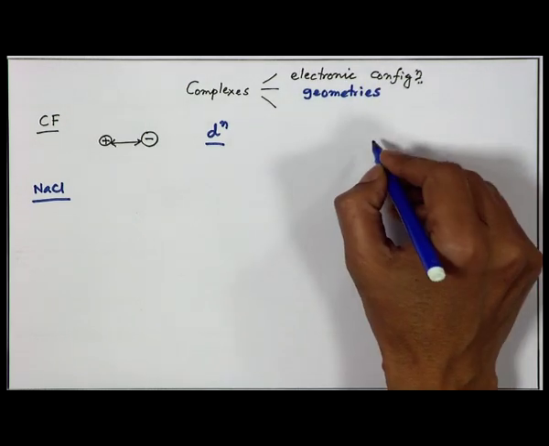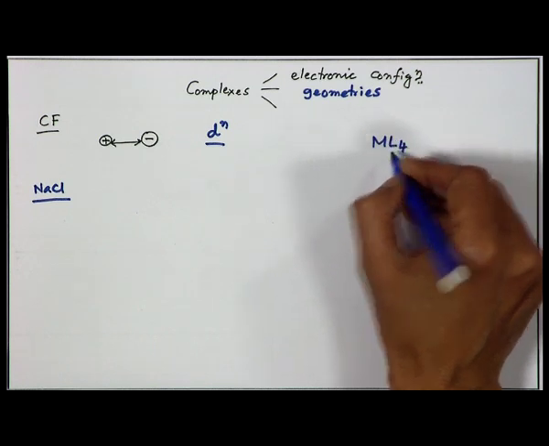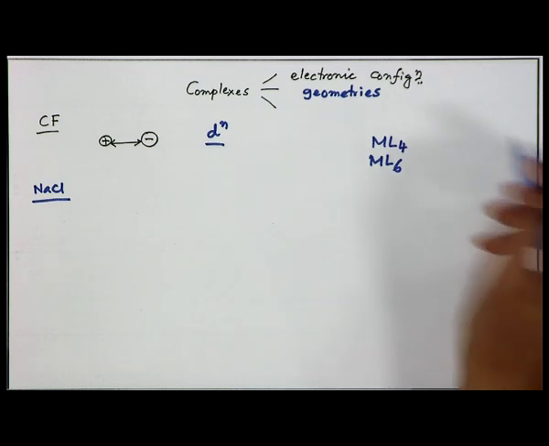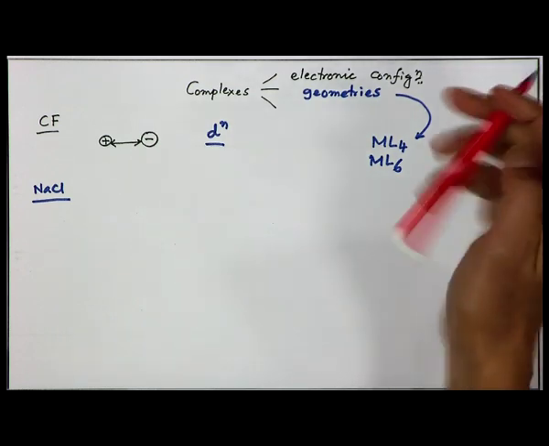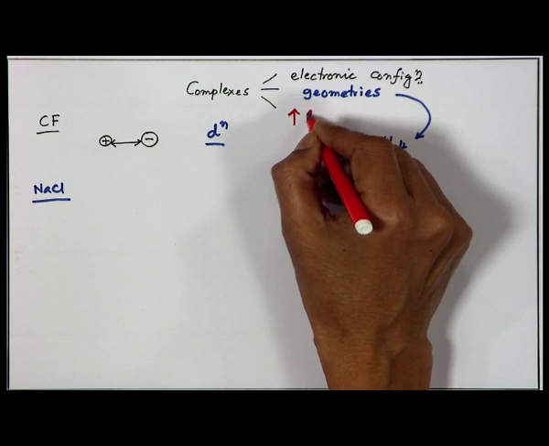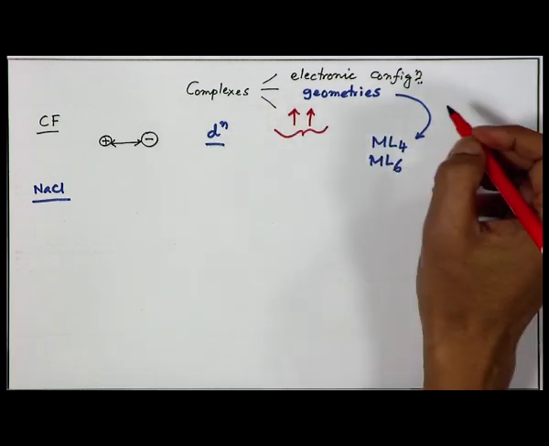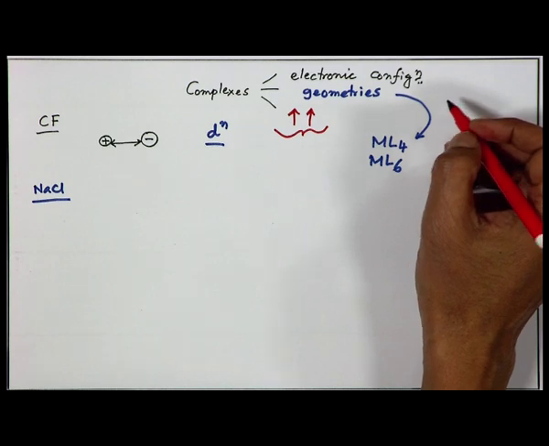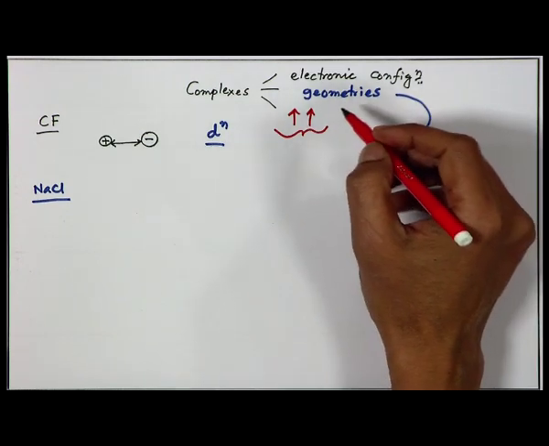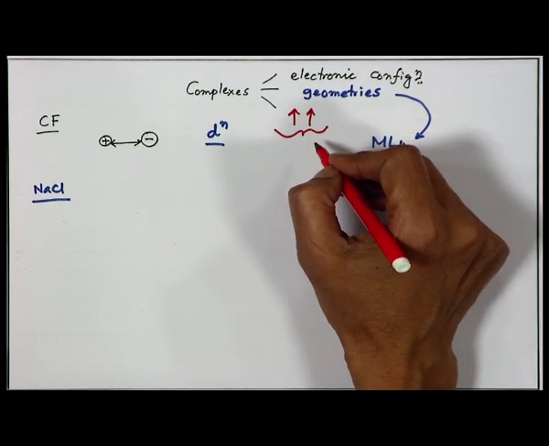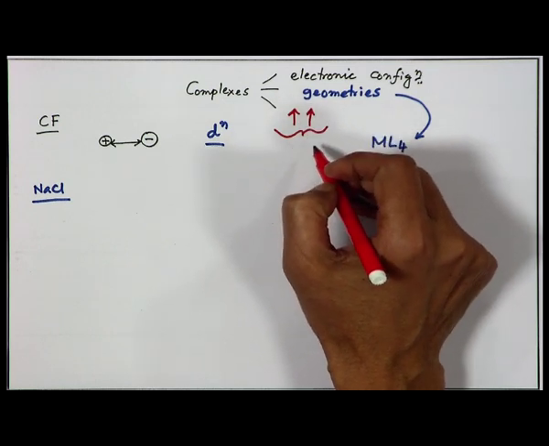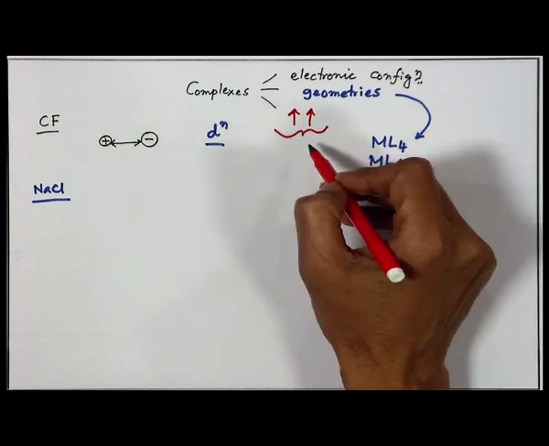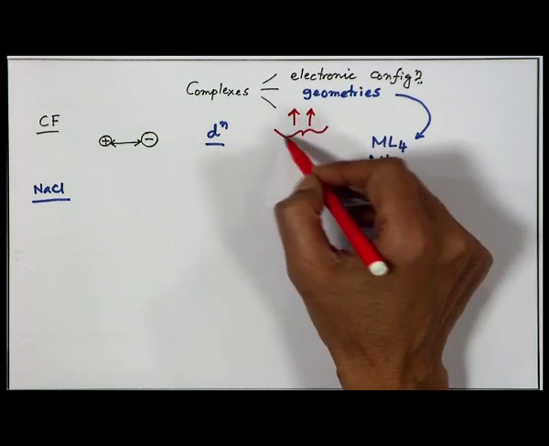Whether we have an ML4 complex or an ML6 complex, we should know the corresponding geometries, and those geometries will also tell us how many unpaired electrons will be there in that particular coordination complex, because these unpaired electrons have importance related to reactivity, catalysis and all these things, which we do not see very much in organic chemistry, but the coordination chemistry and the inorganic chemistry of the transition metal ions are largely dominated by the number of unpaired electrons.